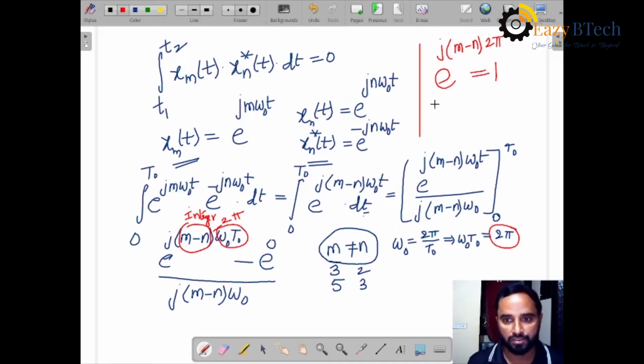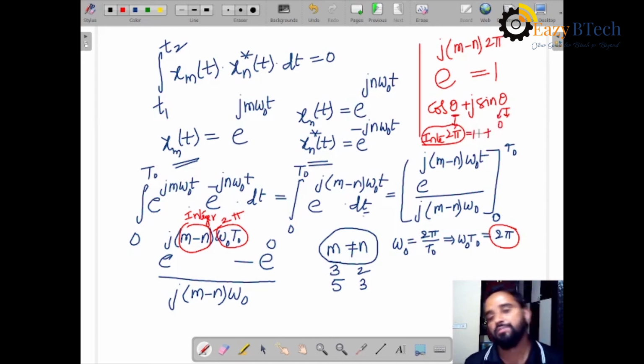According to Euler's formula, e power j theta is cos theta plus j sin theta. Here theta is an integer multiple of 2 pi, right or not? So the cos function will give you 1 and the sin function will give you 0.